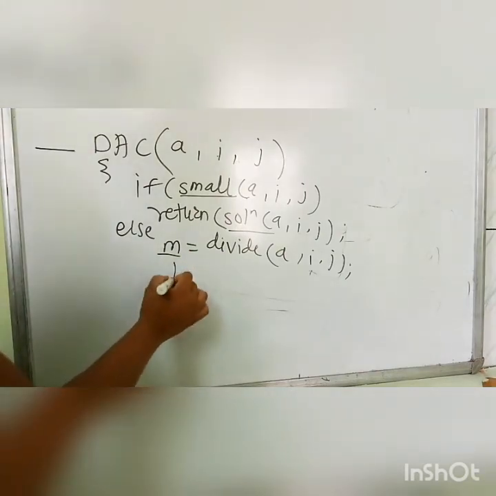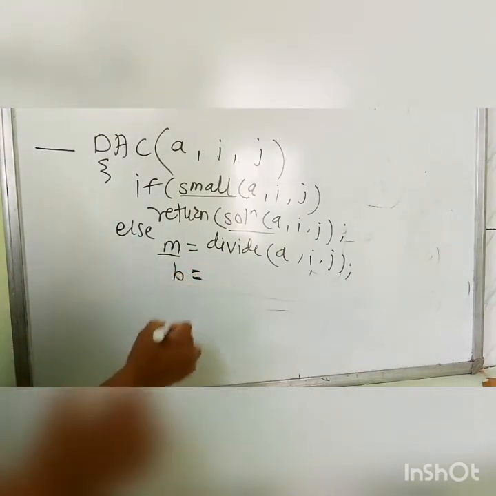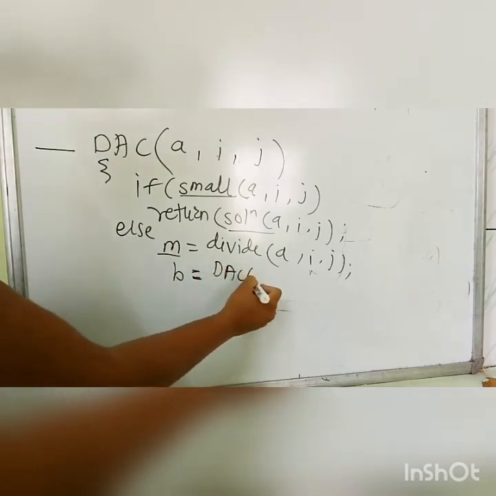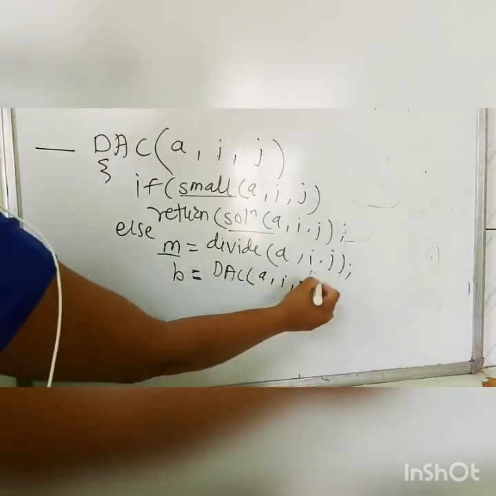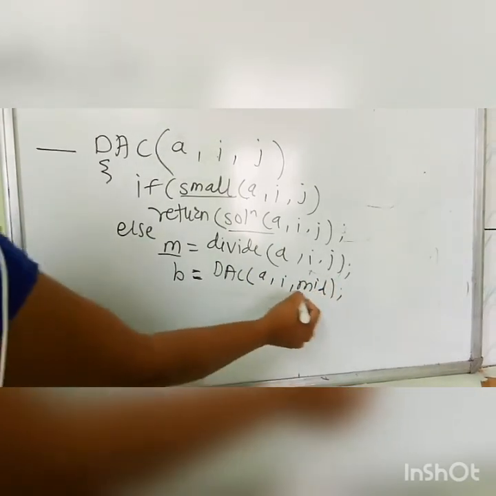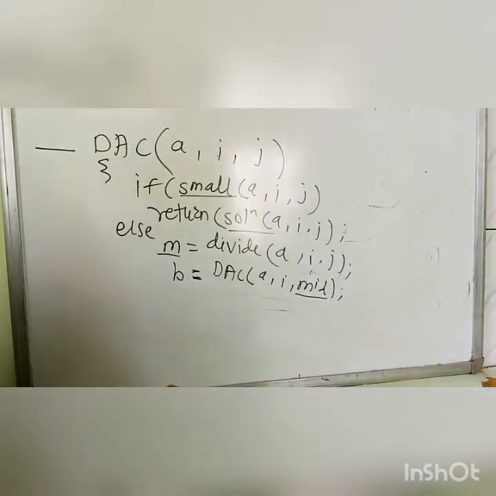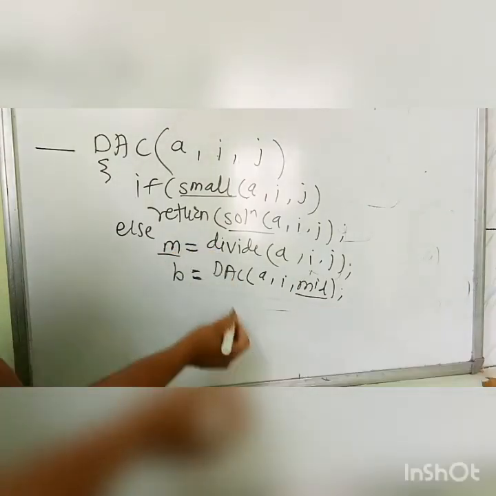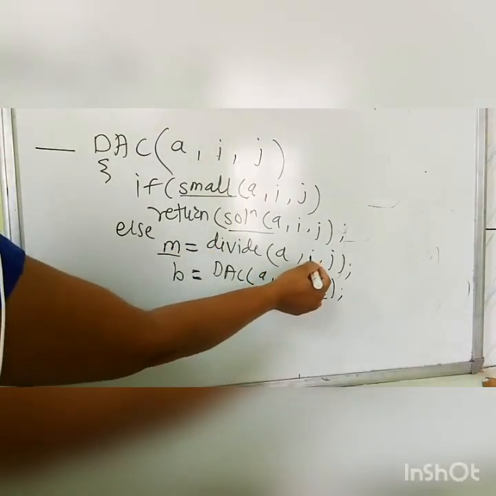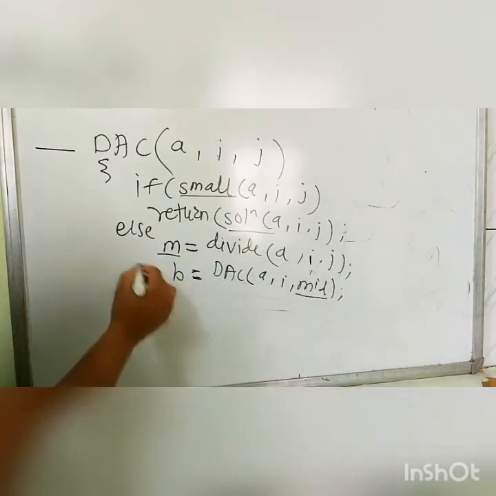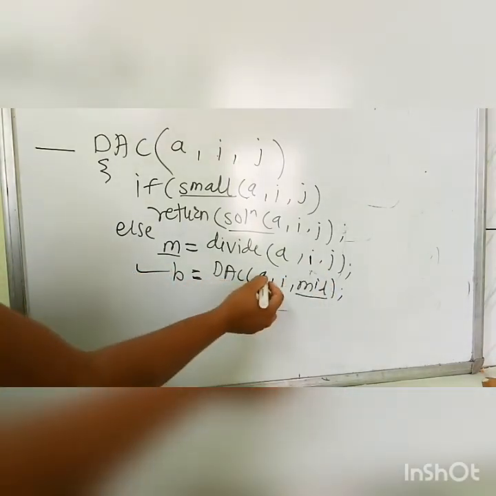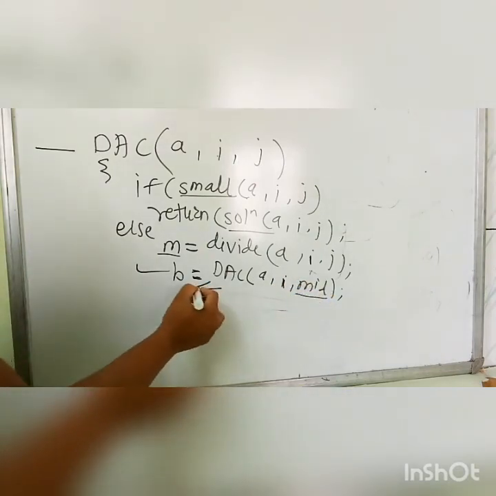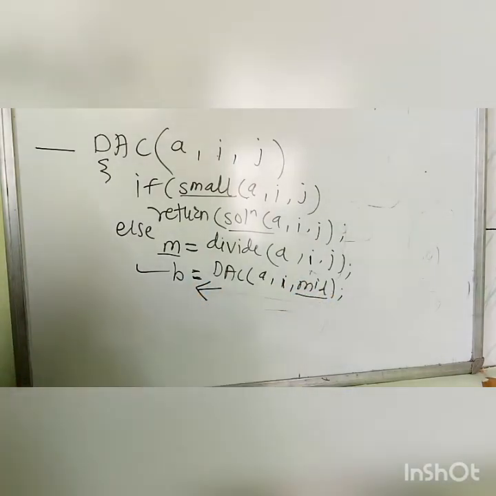Then we have to search the elements like DAC(A, I, mid), means first of all we will compare our element with the middlemost element. Here we have divided, so we will call the first DAC, that is the array first index and the middlemost element, means we are dealing with the left half.